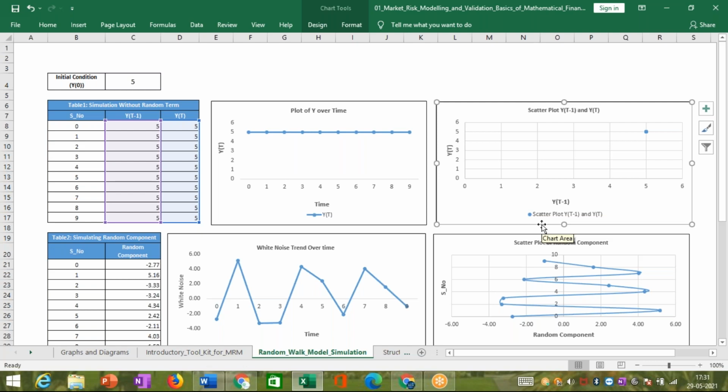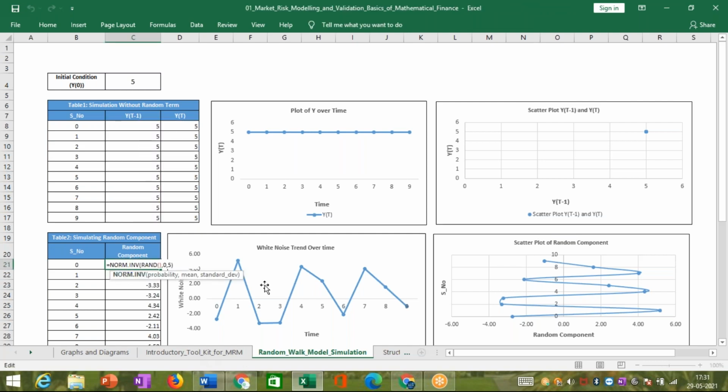Now the next thing that I do over here is bring in a random component. So what is this random component? This random component is generated from the normal distribution. I just generated a set of random points over here.